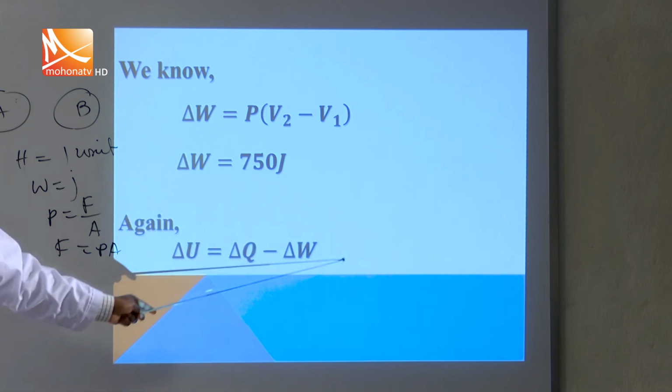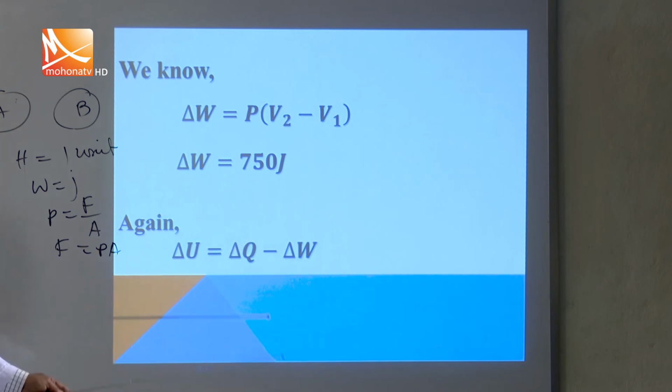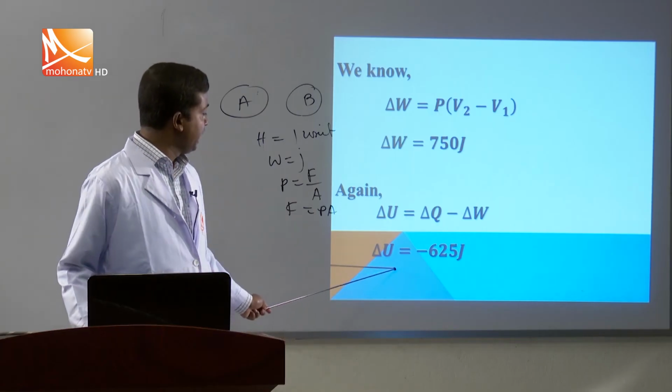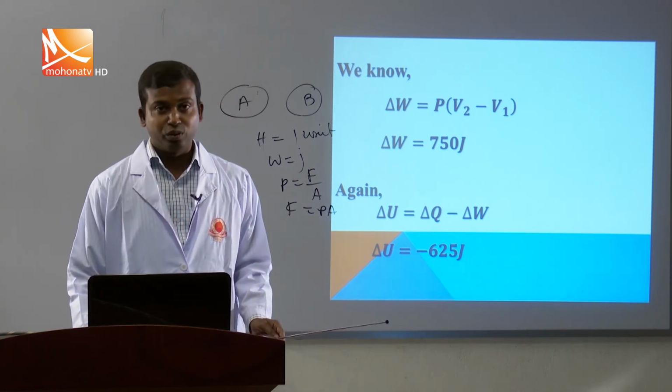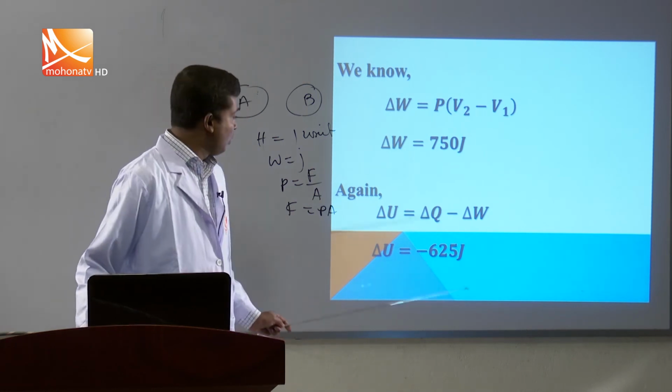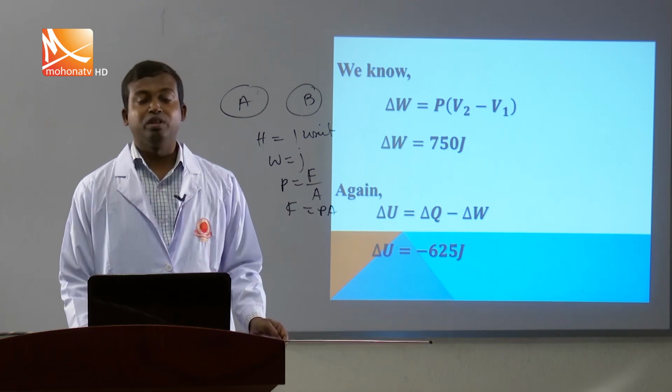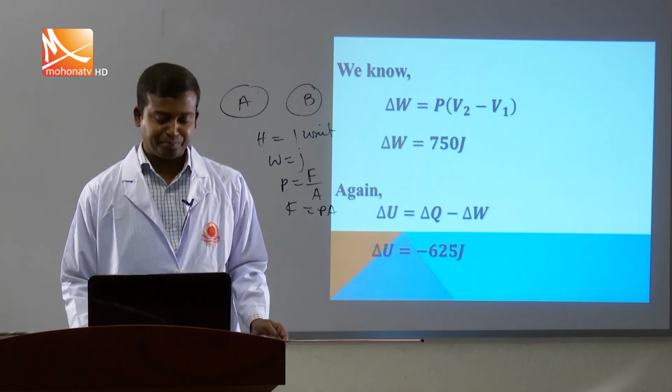This is the first law of thermodynamics; just rearranging for our need, du equals dq minus dw. Putting the values of dq 125 and dw 750, you will get du equals 625. So this is the change in internal energy. In this case, du is negative. So a question for you: is work done by the system here, or work done on the system here?